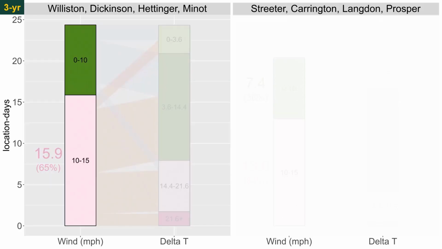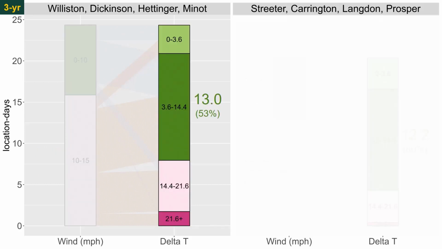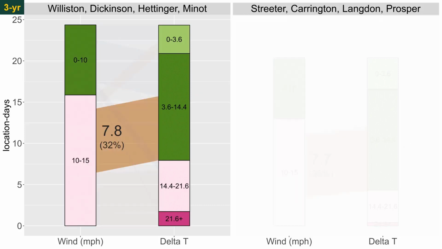So in the West, average across those 3 years, about 15.9 days where the wind was gusting from 10 to 15 miles per hour, 65% of the time in June and July, and 13 days with Delta T in the optimum range, about 53% of the time in June and July.